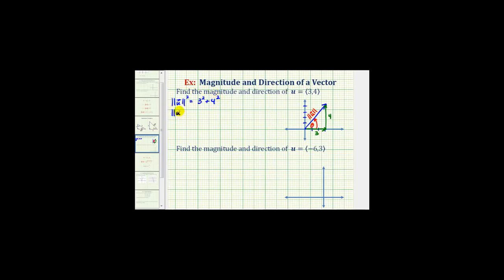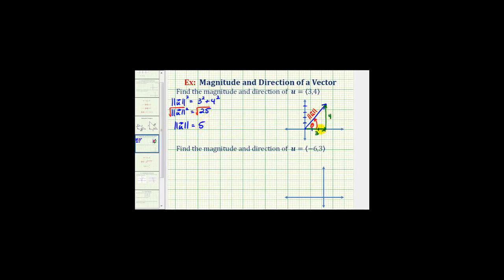So we have the magnitude of u squared is equal to 3 squared is 9, 4 squared is equal to 16, 9 plus 16 is 25. So now we would take the square root of both sides of the equation. Magnitude is always positive, so we have the magnitude of u equals the square root of 25, or 5.